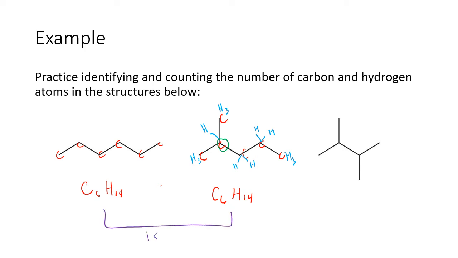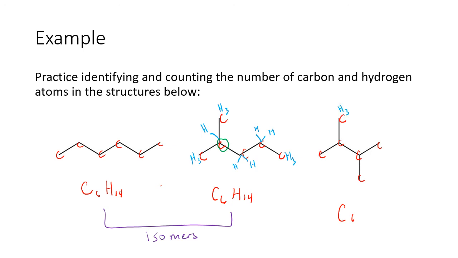So these 2 are isomers of one another. They have the same molecular formula, but different structural formulas. And then our last one, we've got 1, 2, 3, 4, 5, 6. So we have 6 carbons again. And I bet we're going to have 14 hydrogens as well.